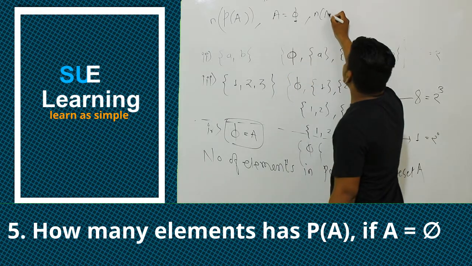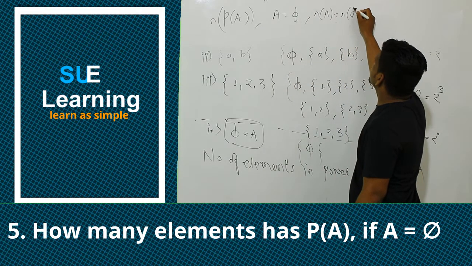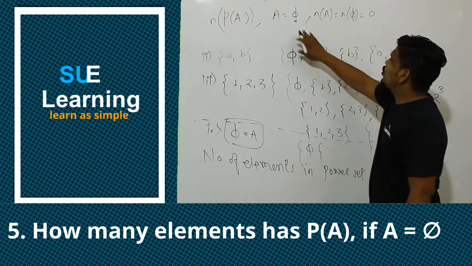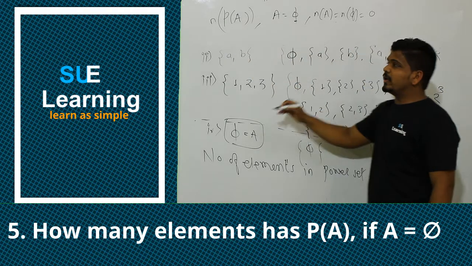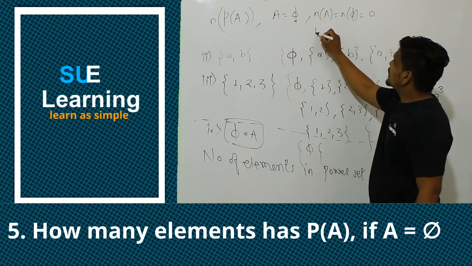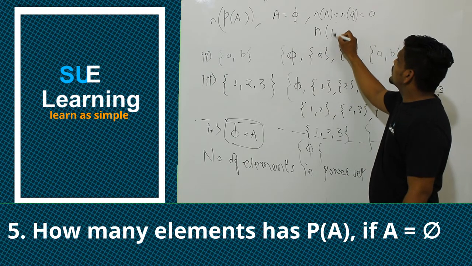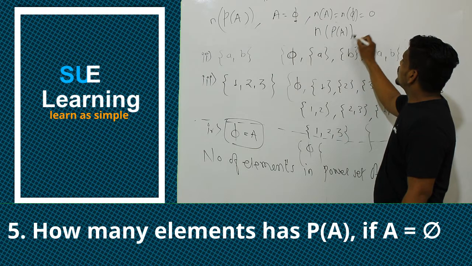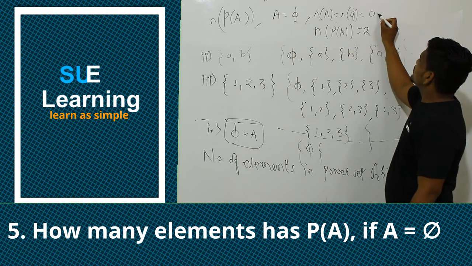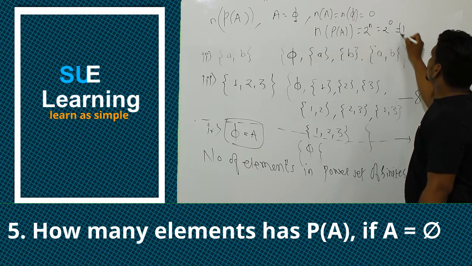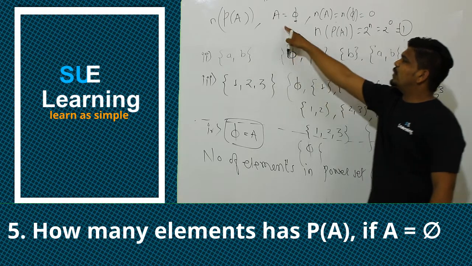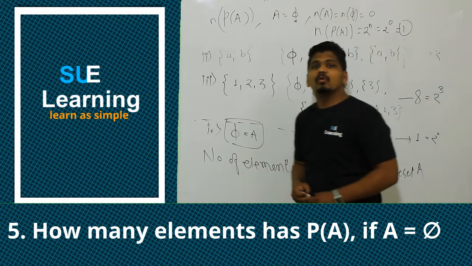The number of elements in A is nothing but the number of elements in {5}, which is 1. Therefore, you will find the number of elements in the power set of A. I will write it somewhere here. The number of elements in the power set of A will be 2 raised to n. What is n? n is nothing but 1. 2 raised to 1 will be 2. Therefore, the number of elements in the power set of A when A equals {5} is nothing but 2 only.